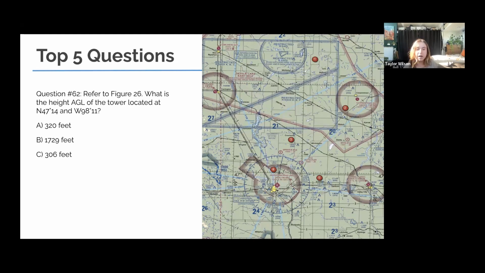For a lot of our obstacles, we are given the altitude in both MSL and AGL, so you just have to identify the correct one. Give you guys a minute or two. Cool, thank you, Tony.